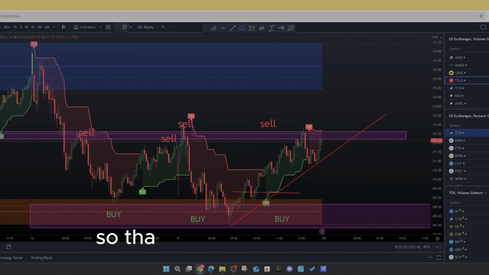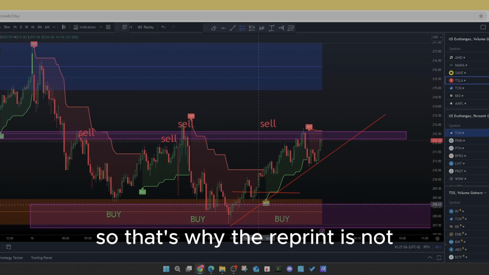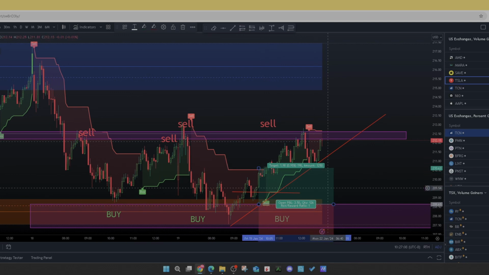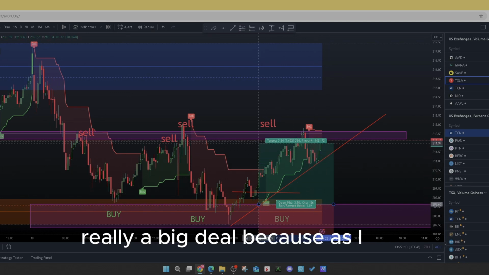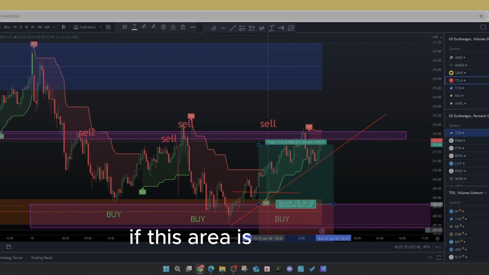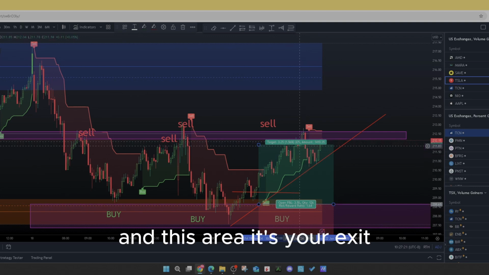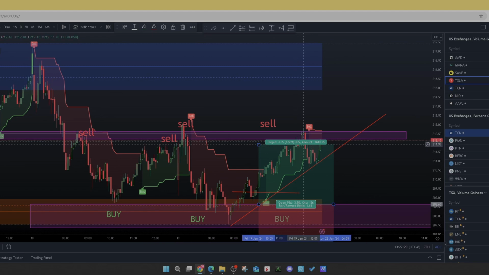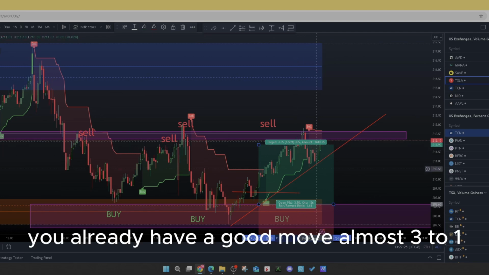So that's why the reprint is not really a big deal, because as I said, if this area is your entry and this area is your exit, you already have a good move, almost 3-1.